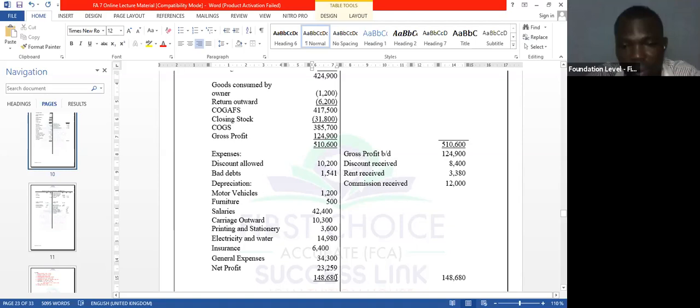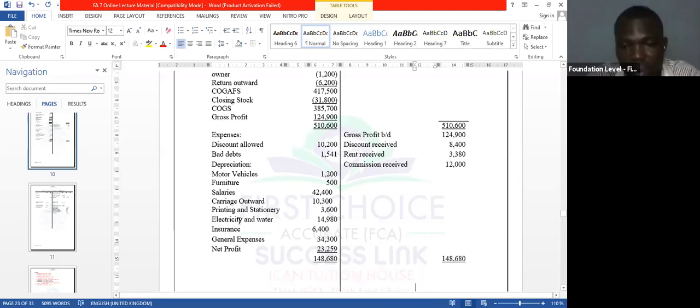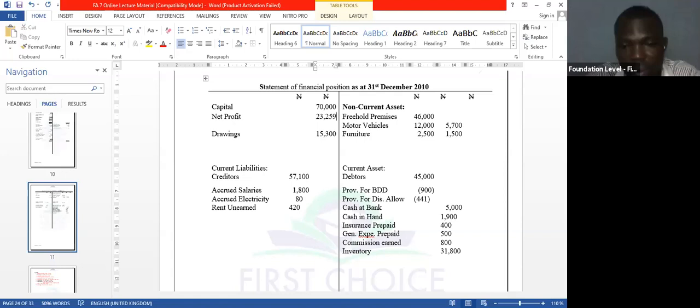Now that we are done with that, we need our net profit. Our net profit is 23,259. If that is so, let's start with the left hand side: 17,000 naira, 70,000 plus this figure, a sum of 93,259.